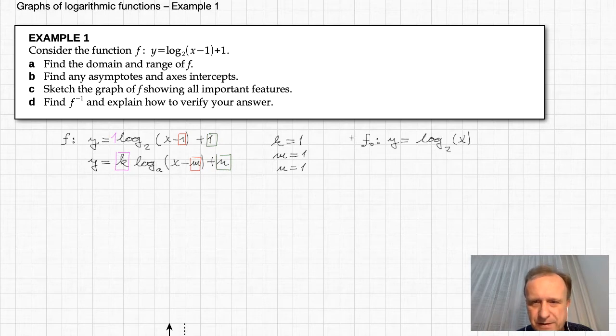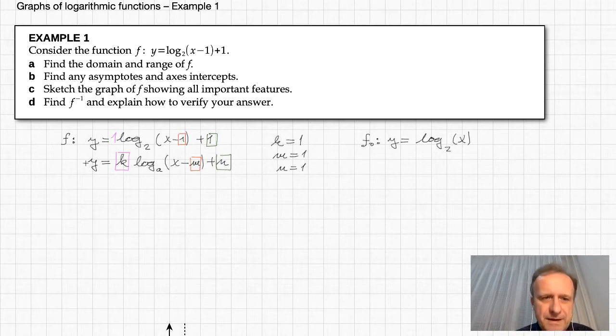So the graph of this function that we are going to study in this example is going to be related to this simple logarithmic function, and the relationship is very simple. The one that we are trying to describe is the result of the translation of the original graph through one unit in the horizontal direction and through one unit in the vertical positive direction.